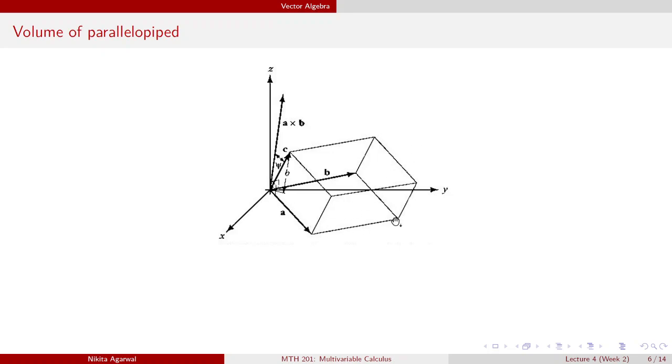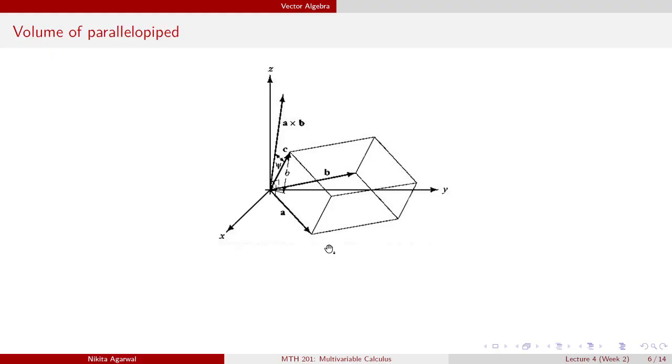Okay, so if you look at this parallelepiped, this face is spanned by vectors A and B, and the third direction is given by the vector C, right? So now with these 3 vectors, you can completely describe a parallelepiped, right? You just extend the direction so that you form a parallelepiped.